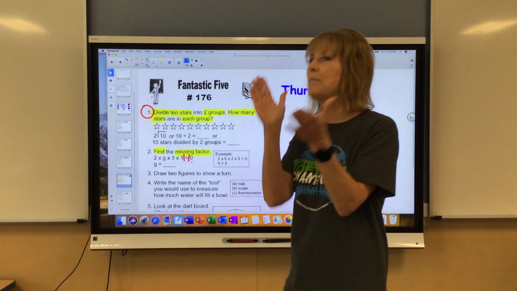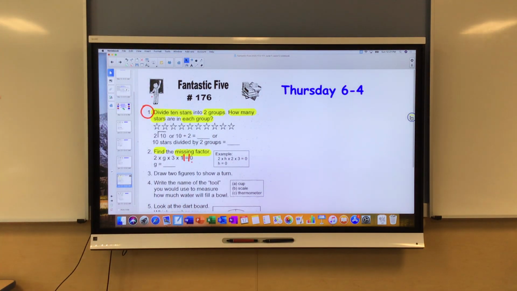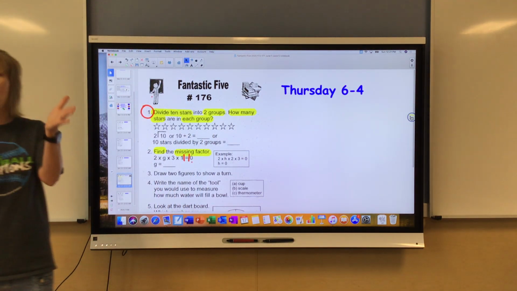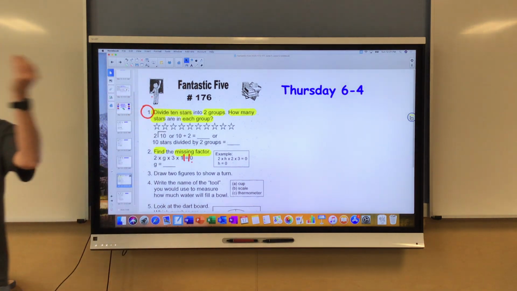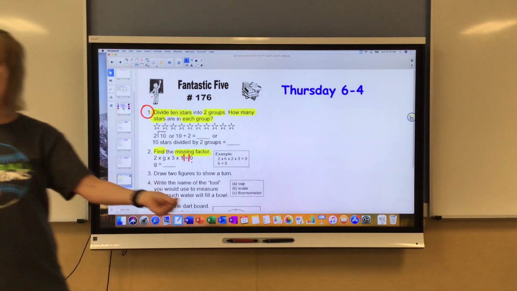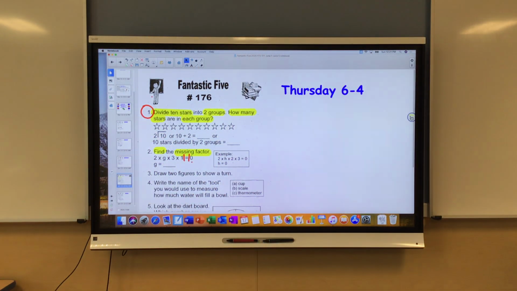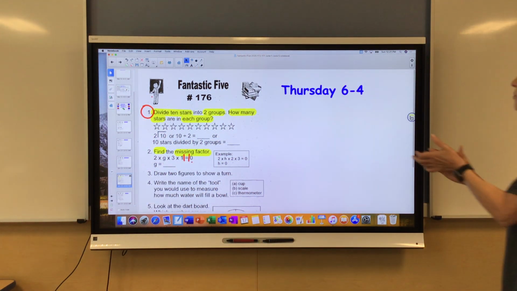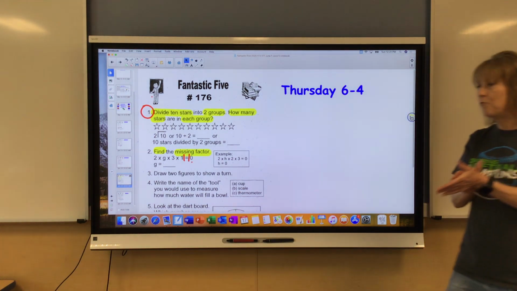Any number times 0 always equals 0. So 7 times 0, 0. 10 times 0, 0. 42 times 0, 0. Any number times 0 always equals 0.